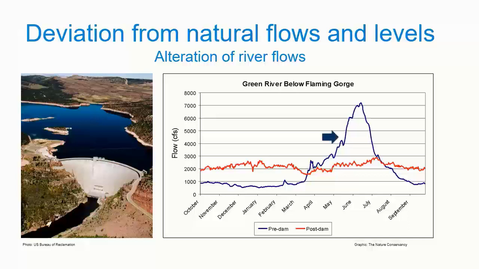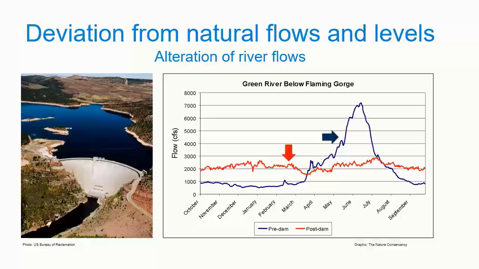The blue line in the graphic to the right shows the natural variability of Green River flows throughout the year, which has the classic form of a mountain river with low winter flows and high flows in spring and summer associated with snowmelt. The red line shows the regulated flow downstream of the dam, which is relatively constant throughout the year to provide a steady supply of electricity.